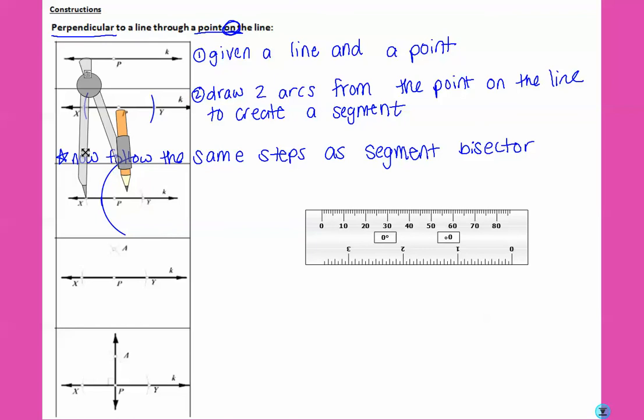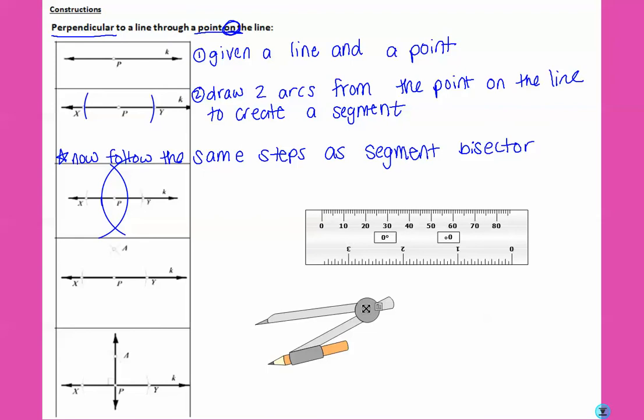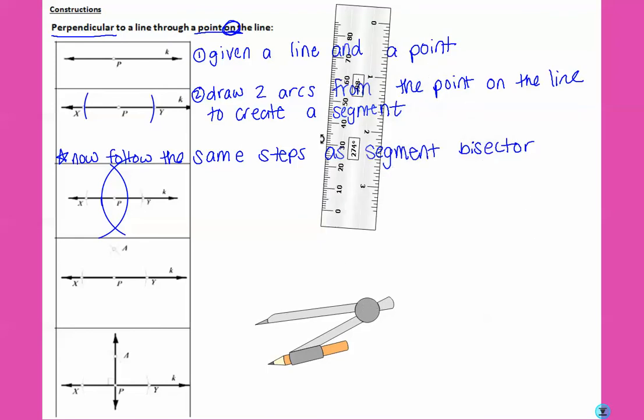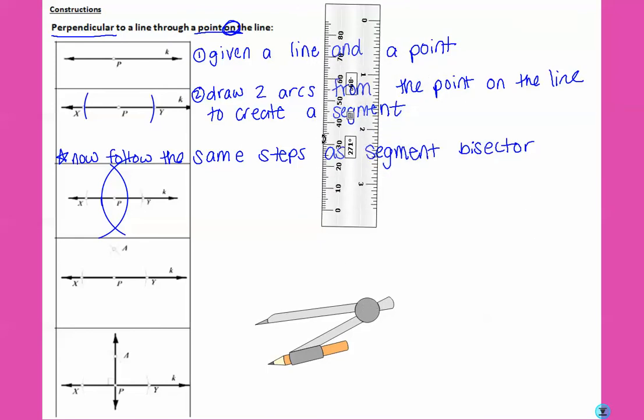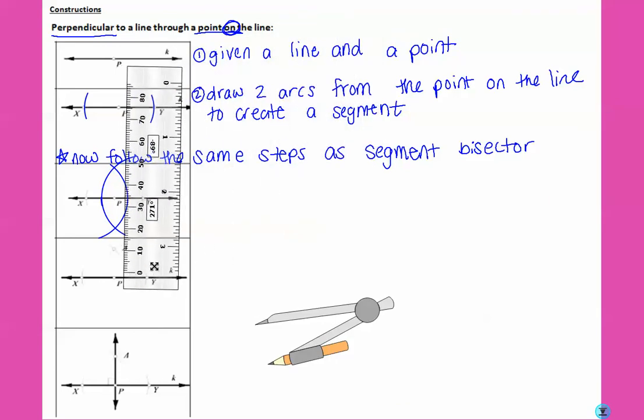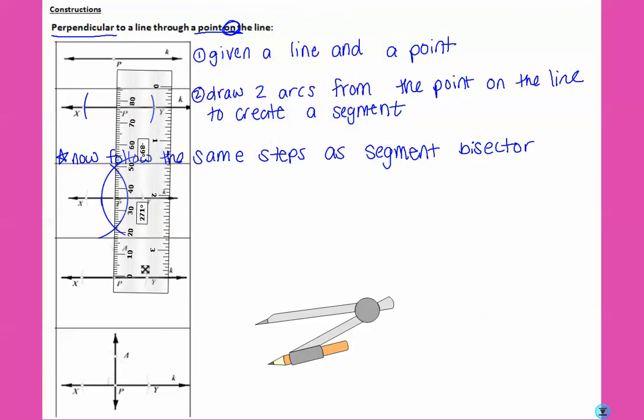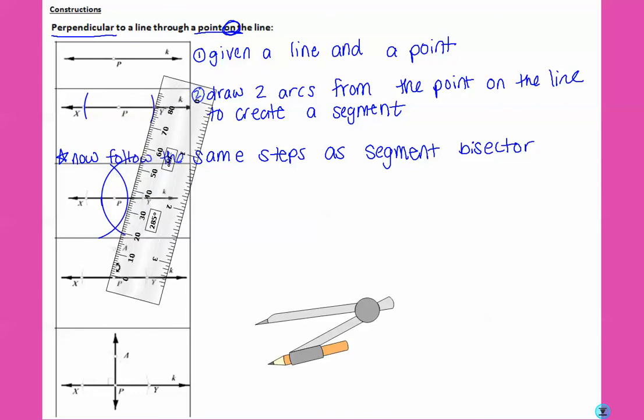Center the compass on the other endpoint. Draw an arc above and below. And then use our straight edge and make sure it goes through the intersection of both points.